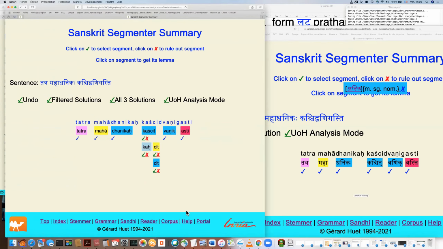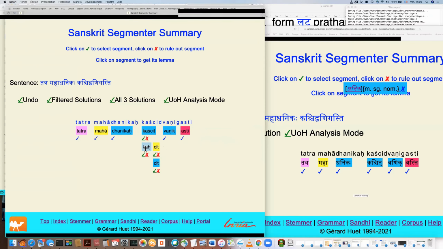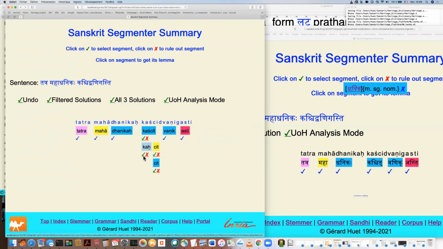Okay, now about this Kashit. It's actually an abbreviation for Kashit, and it means any, a certain. Okay, so in this city, there is a merchant. There is a certain merchant who is very rich.